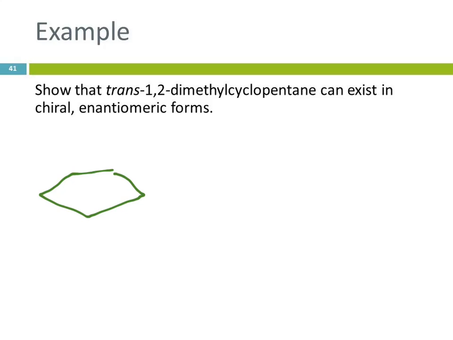So on the 1 carbon, we have a methyl group, and on the 2 carbon, we have a methyl group. I drew one up and one down, because this says trans. They need to be on opposite sides of the ring. For a cyclic compound, that's what trans means. It's on opposite sides of the ring.